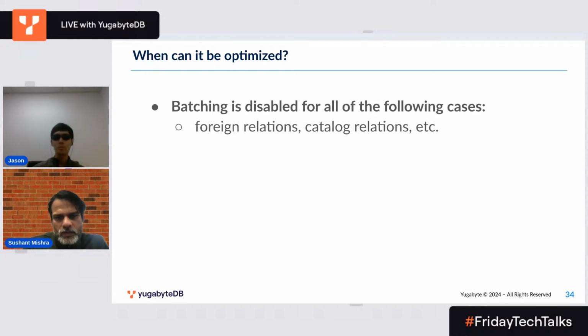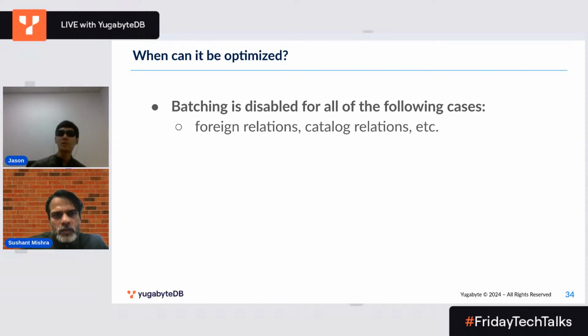Well, those are, because we're trying to batch optimize for things that hit relations that are stored in other nodes. Yugabyte related.